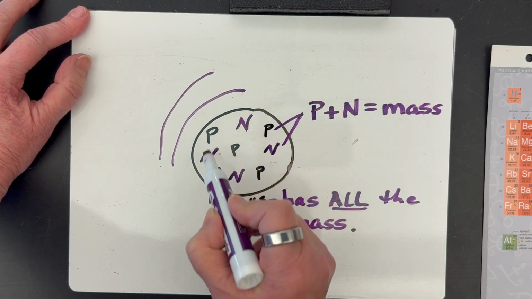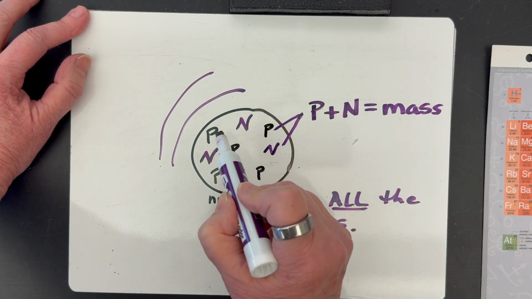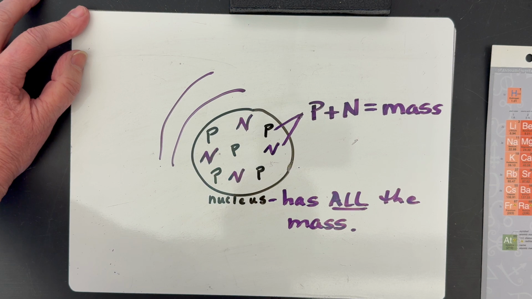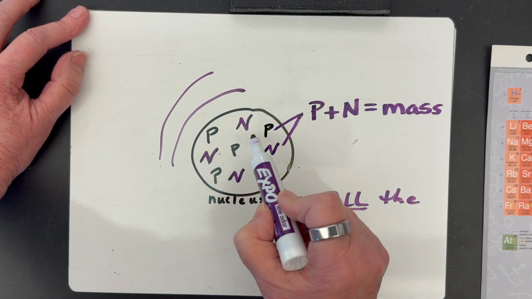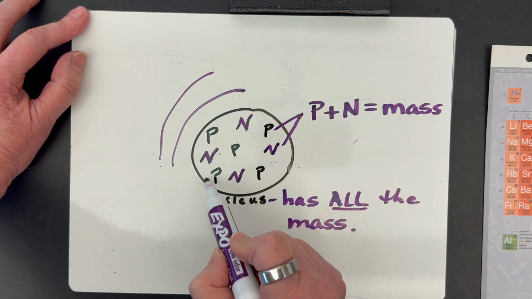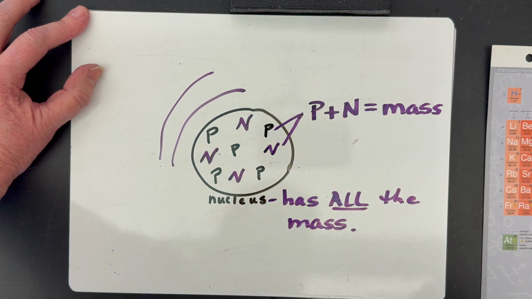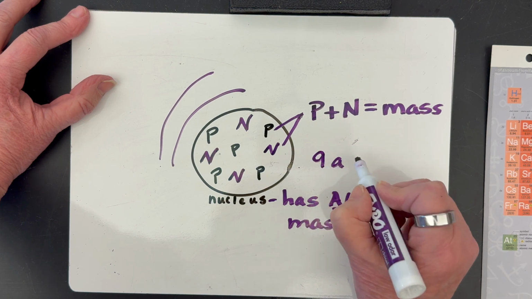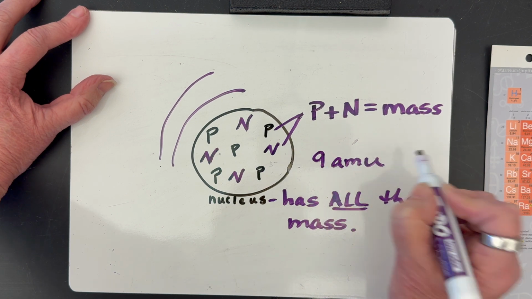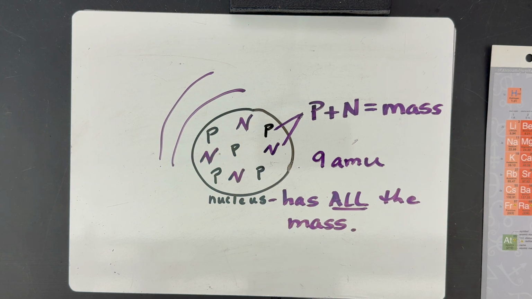If we know how many protons and neutrons we have, each one is one atomic mass unit. So this would be 1, 2, 3, 4, 5, 6, 7, 8, 9 as its mass. 9 atomic mass units. Just add up your protons plus neutrons.